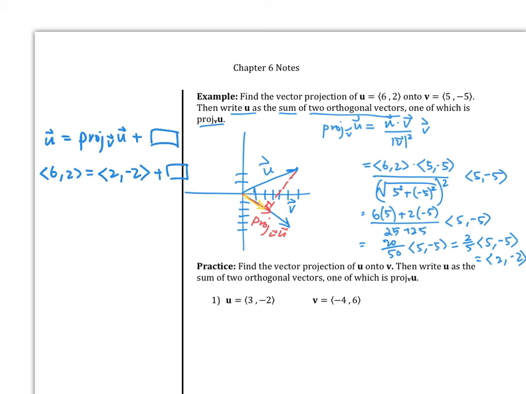To find the unknown vector, we subtract: (6, 2) minus (2, -2) gives (4, 4).